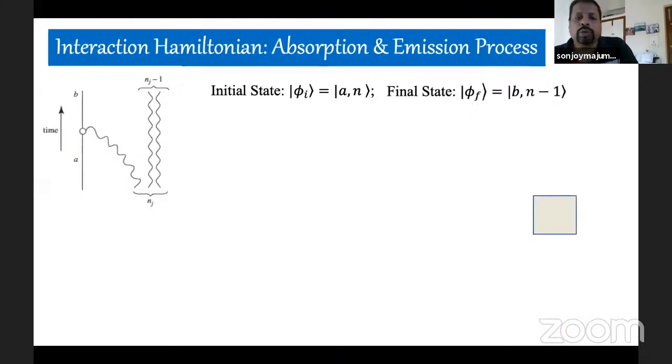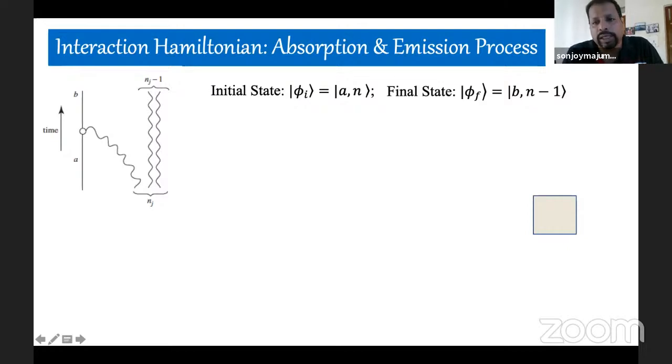We can write the initial state. Let's say A, which can be any state, with a number state n of the electromagnetic field. That is my initial state.